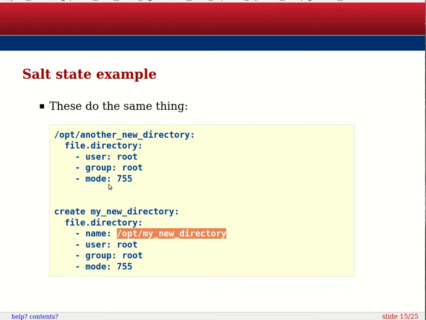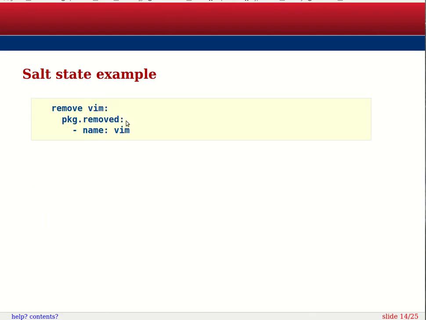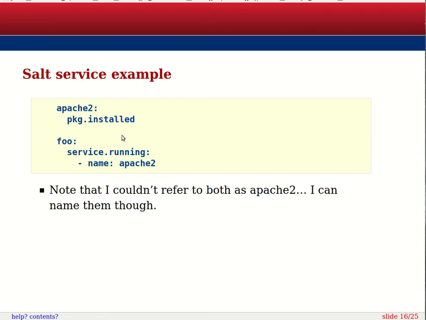Here's another example. I could either put the name of the package here, Apache2 pkg.installed, or in the case of Vim, I could write some description like install Vim, and then here's the actual package name that I want installed. The other thing on this particular one, I also want to install Apache, but then I also want to make sure that it's running, just as an example.